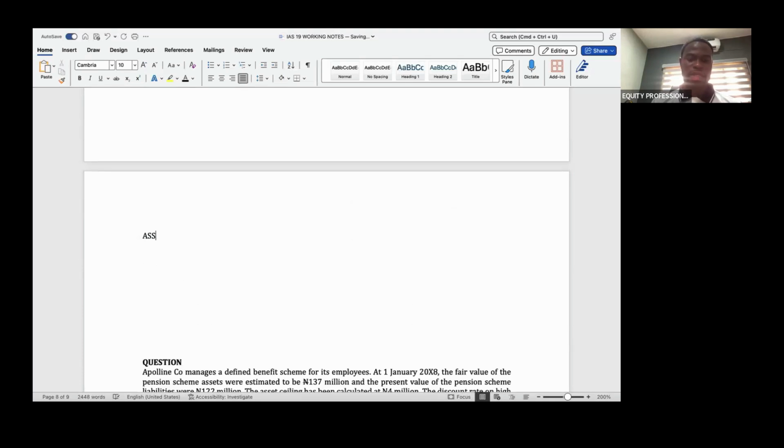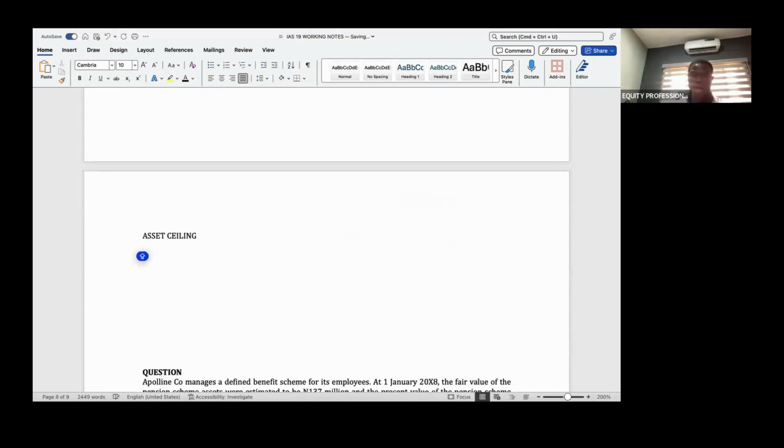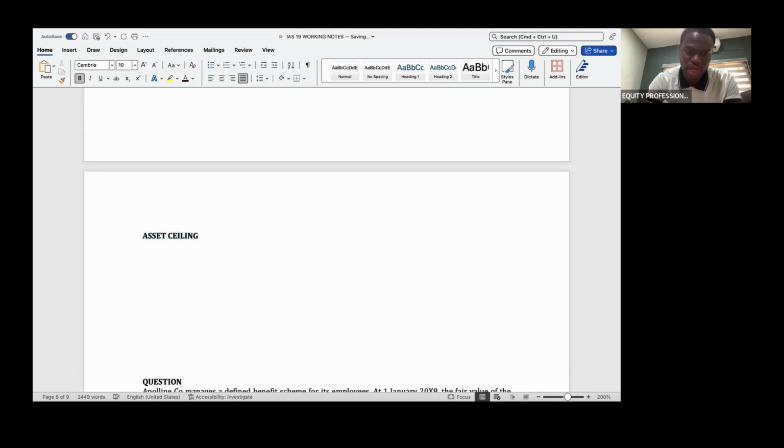Let me quickly explain asset ceiling. So you see, when we say asset ceiling, this will occur where we have a net defined benefit asset or a surplus.